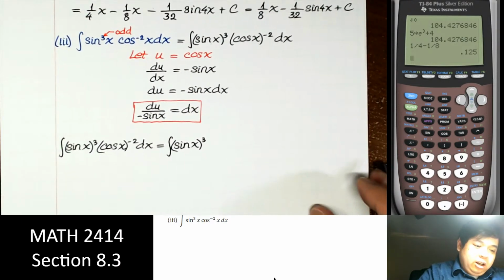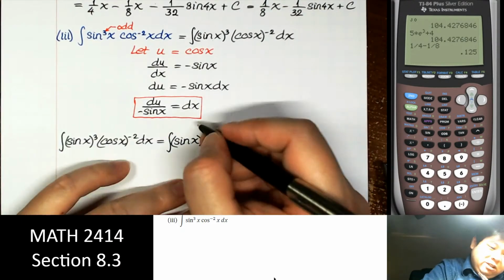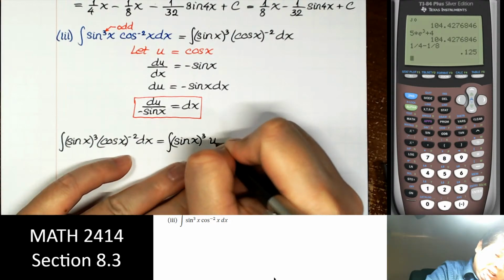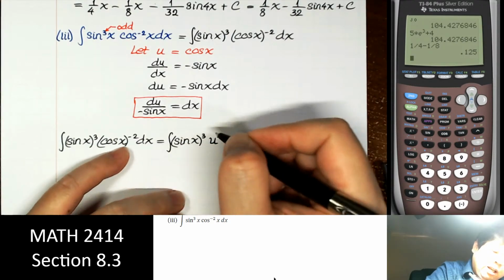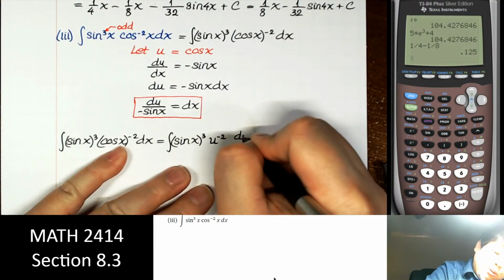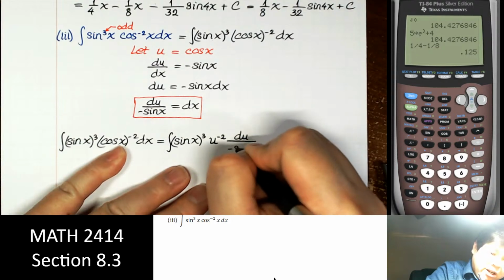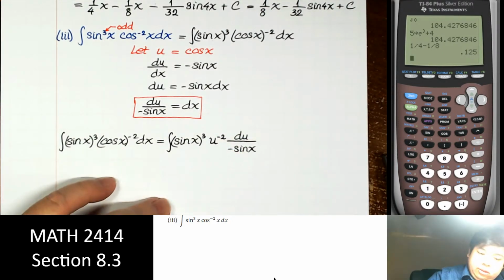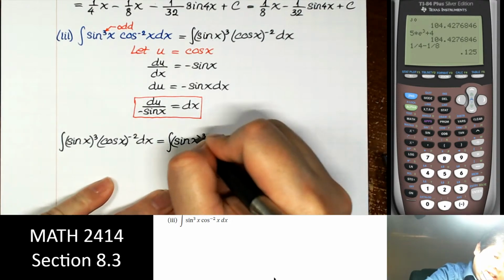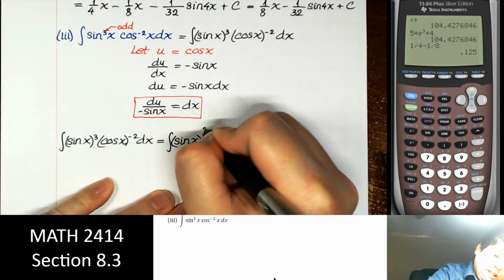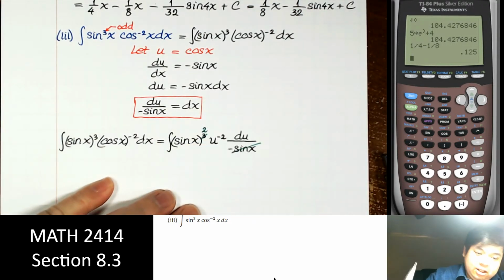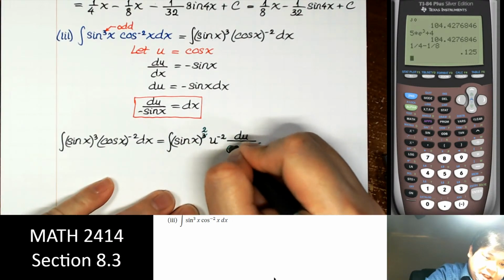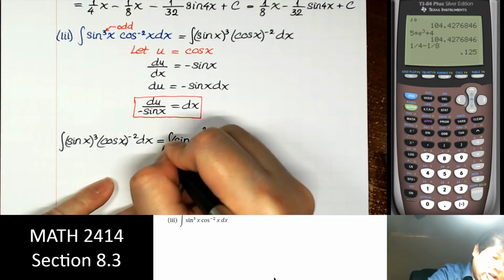The cosine, which is u now. And dx is du over negative sine x. Sine x cancels with sine x. There are two left. There's a negative sign. Move it to the outside.